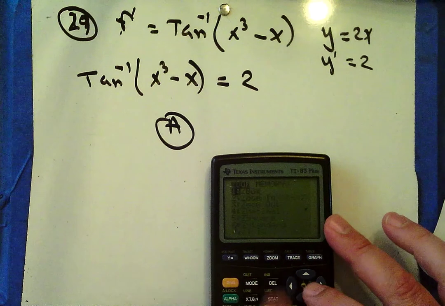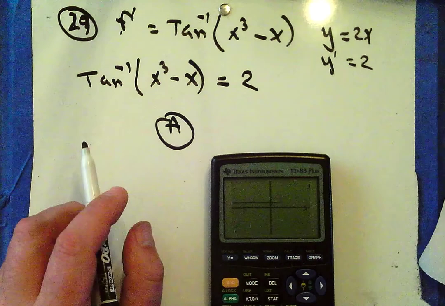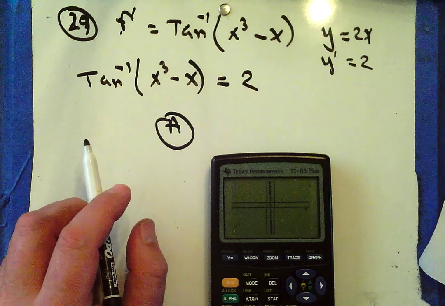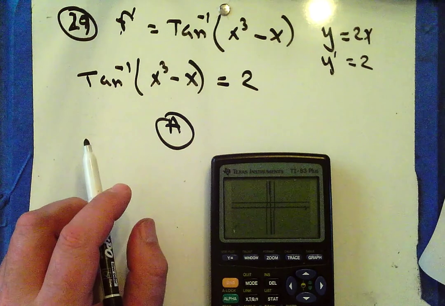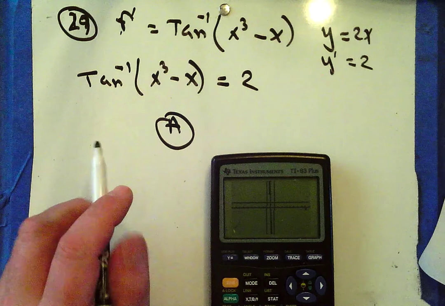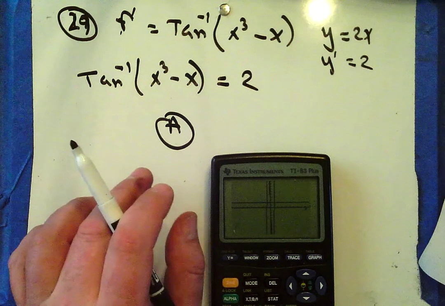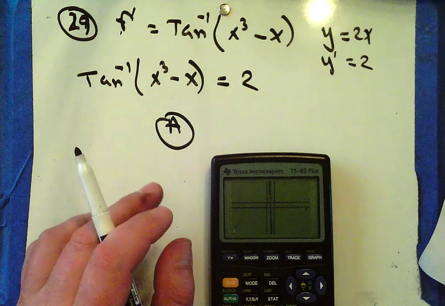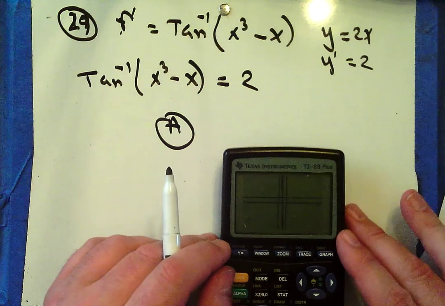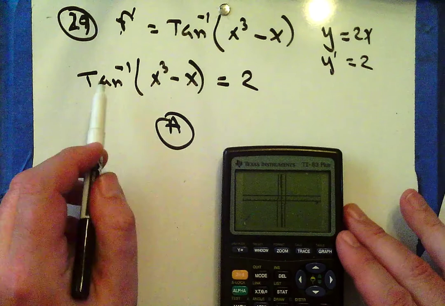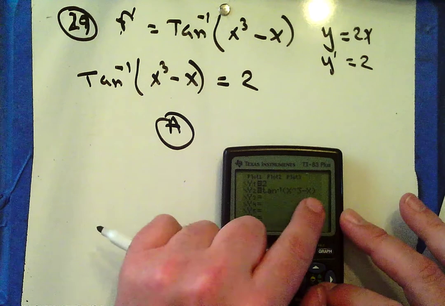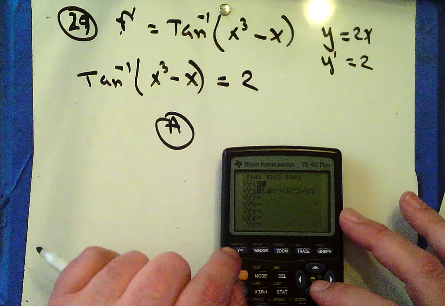And if we do zoom 6, oh, they do seem to intersect. Let me check that again. They look like 2 places. Inverse tangent of x to the third minus x equal to 2.